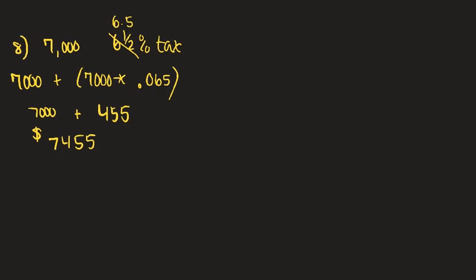Okay, number 9. Number 9 is going to be $750, and it's going to be 6.25% tax. Now, hint, last time we took 6.5 and we made it a decimal so that we could hop. Try that for this one.